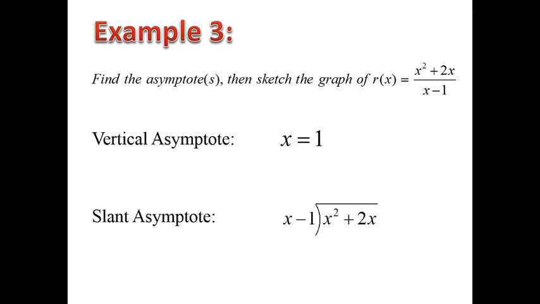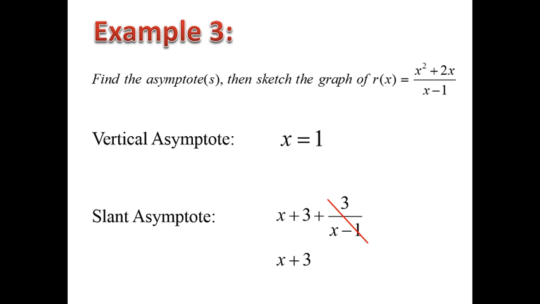In this PowerPoint I actually used long division. Once you divide it, you end up with the quotient x plus 3. Do not worry about the remainder, because as x goes to infinity the denominator goes to infinity. So 3 over infinity is getting close to 0, so it's only the quotient. That means y equals x plus 3 is the slant asymptote.